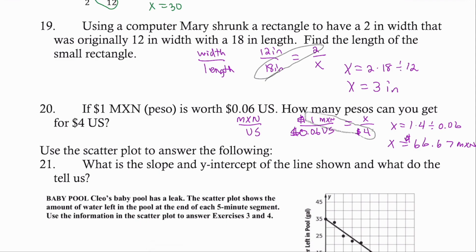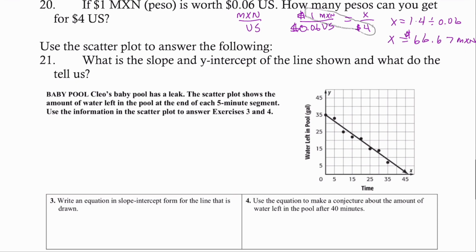The last topic that's going to be on the test is scatter plots. It says, what is the slope and the y-intercept of the line shown, and what do they tell us? Okay, so you'll notice this number right here. That is your b.